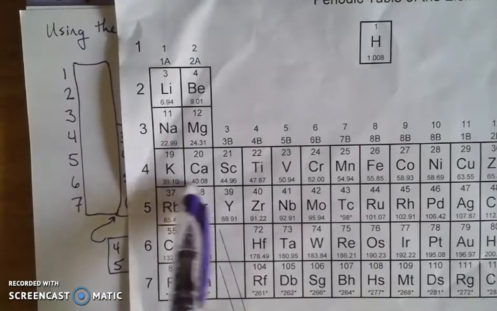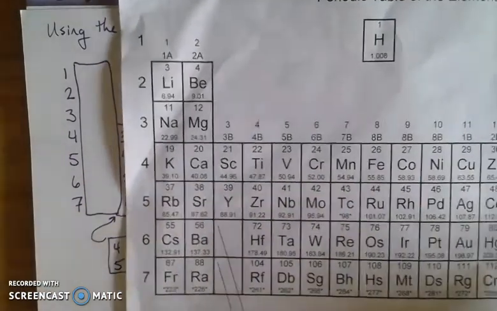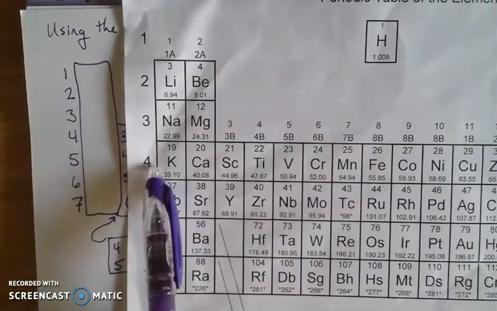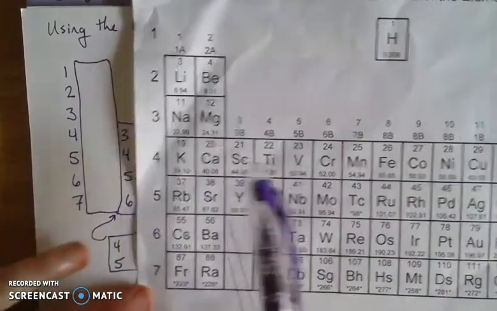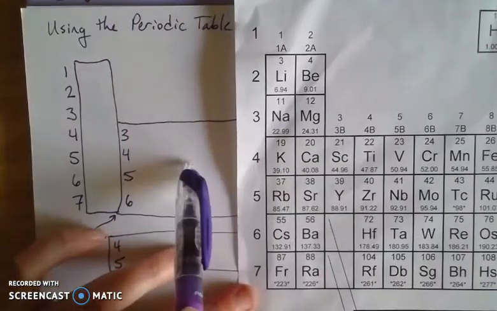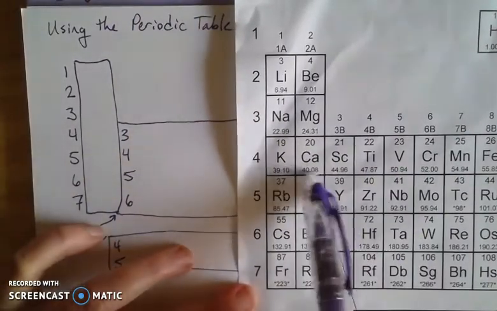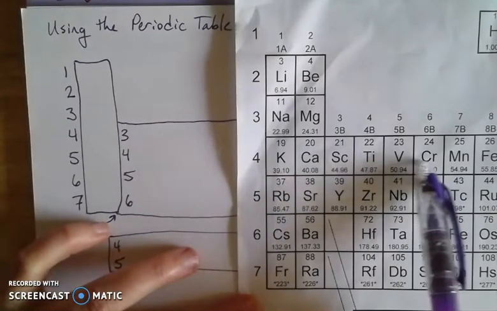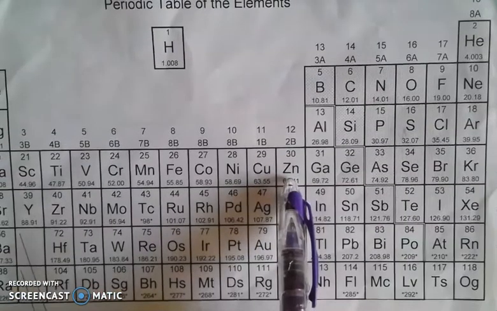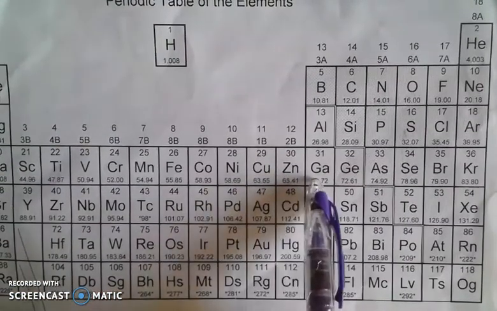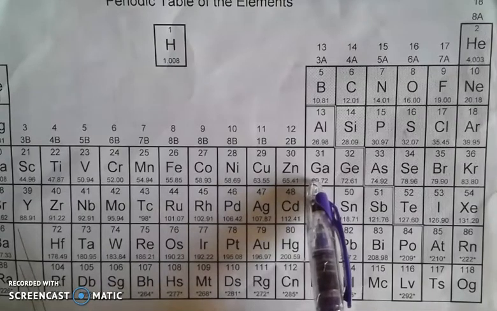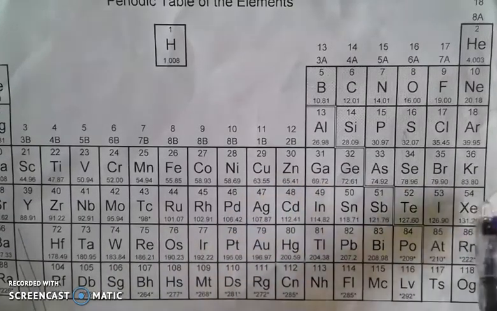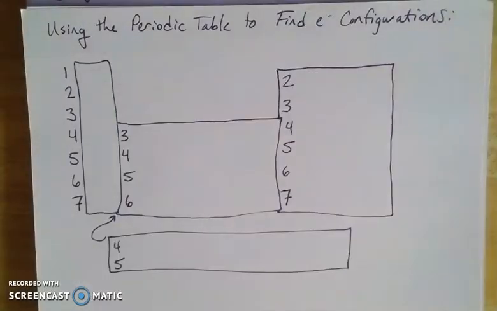So as I go across in period 4, that goes all the way across, I'm going to travel through my S block into my D block. And this D block starts here with scandium and then goes all the way over. And then as I'm traveling through my D block, I get through to zinc, and then I hop into the P block here with gallium, and then go through to krypton.